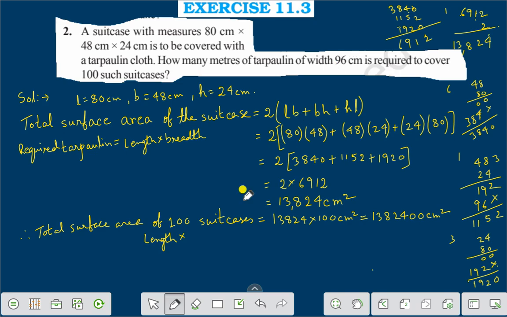Breadth is given as 96 centimeter. Length into 96 is equal to 1,382,400 centimeter square. Therefore, we'll find length is equal to 1,382,400 divided by 96.